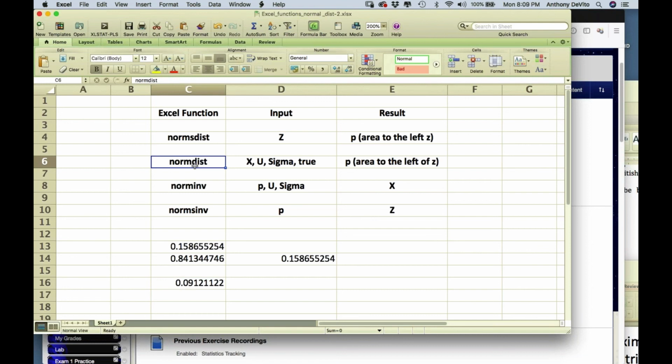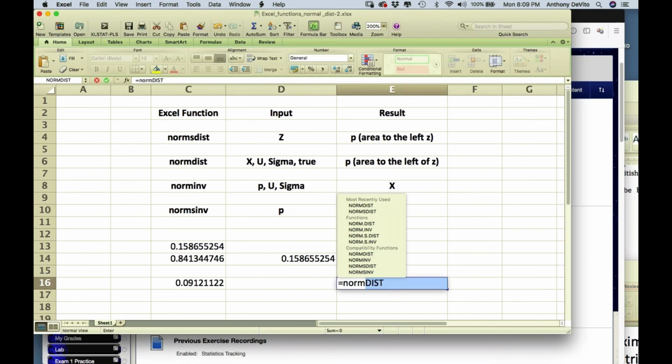That was NORM.S.DIST. Well, how about NORM.INV? Remember the problem we just had where we had the percentage, the area, but we didn't know what the value was? That's where we're going to use NORM.INV. Okay, so let's see how that works. Equals NORM.INV, parentheses. It's asking me for the probability. Remember the problem we had where we wanted to predict what blood pressure represented the top 10% of the population.